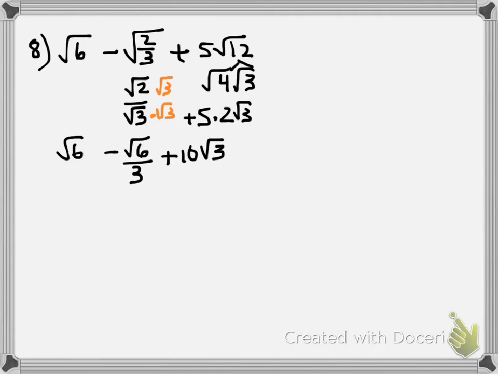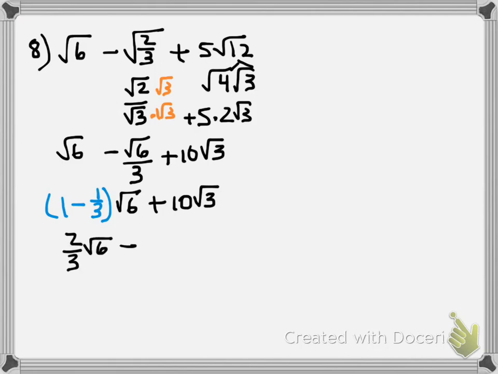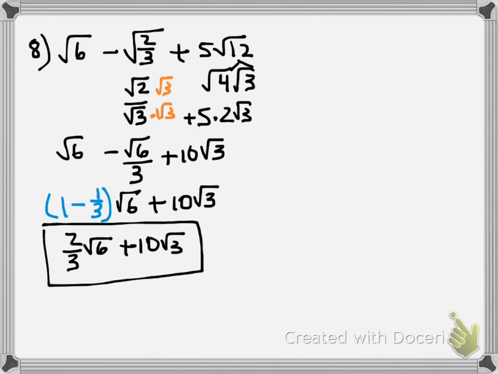So I'm going to pull out their coefficients. I have a 1 minus 1/3 radical 6 plus 10 radical 3. What's 1 take away 1/3? 2/3. So I get 2/3 radical 6 plus 10 radical 3. And that's the best I can do on this problem, and then I'm done.